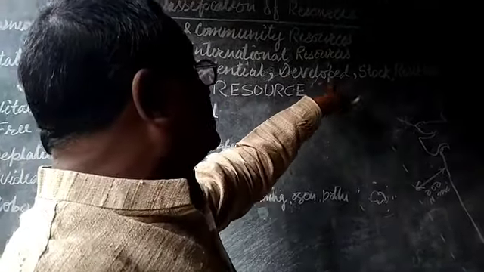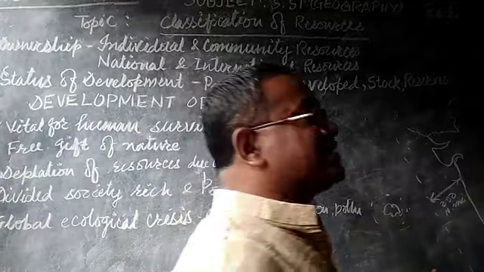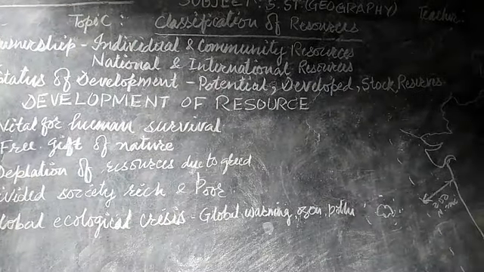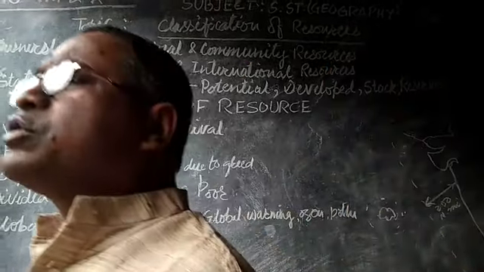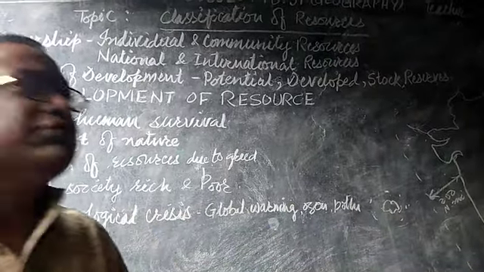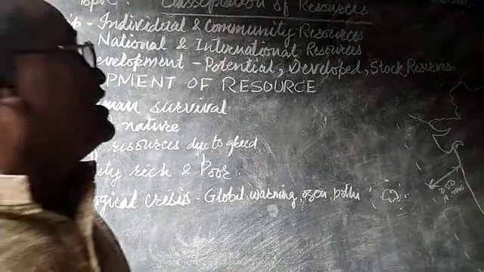And next is developed resources. Developed resources are those resources that are totally utilized by the nations. Totally means the utilization of the resources has started in the country.